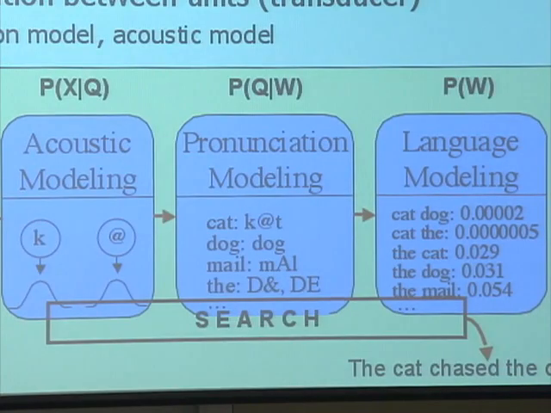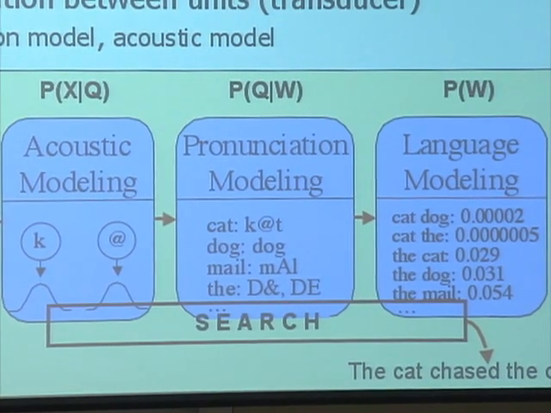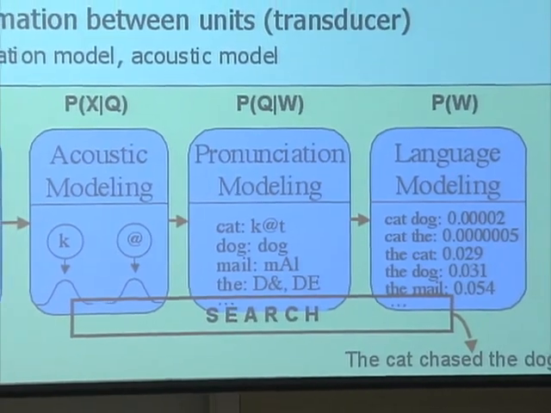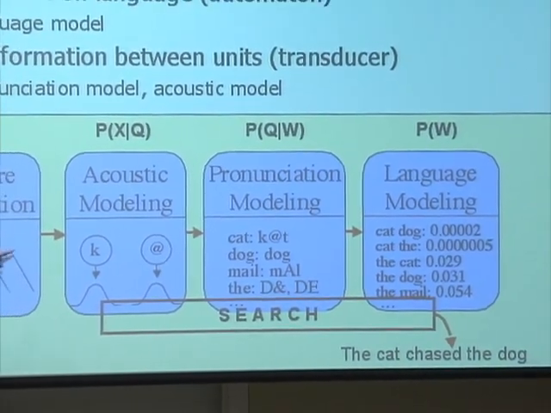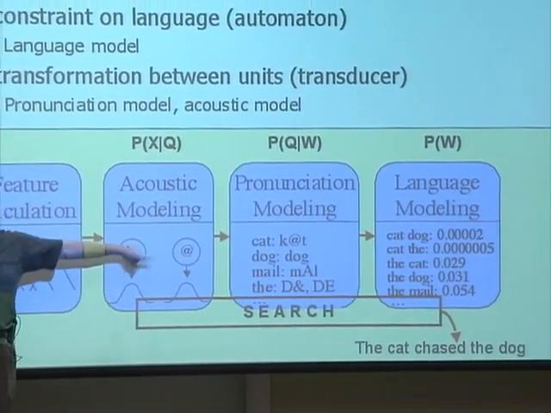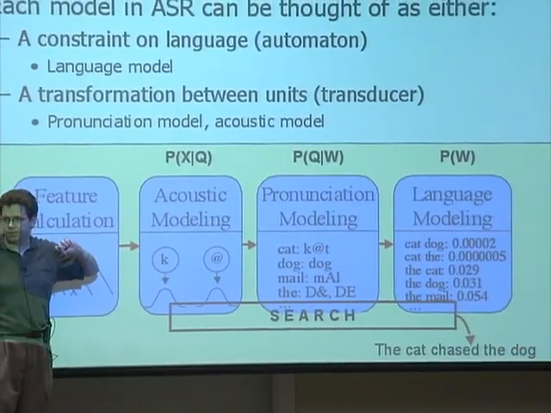Right? Okay. Now we can also think of the acoustic model as a transformation from low-level feature vectors into these k and a and all those types of symbols, right?